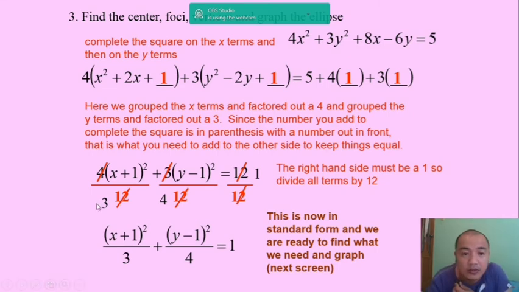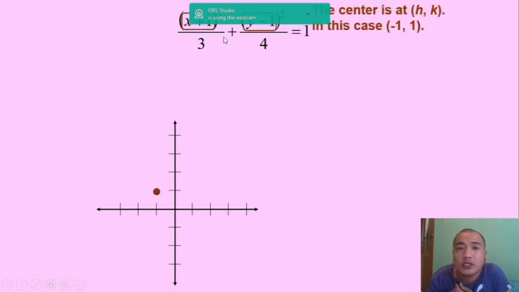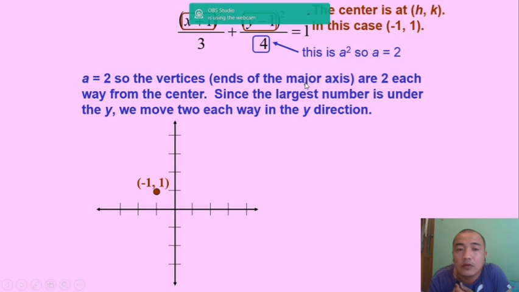So this is case 2, right? Kasi greater pa rin yung denominator ng y kaysa sa x. Case 2 to. So the center is at h, k, right? Negative 1, 1. And then yung 4, which is a squared, square root of 4 is 2. A equals 2.